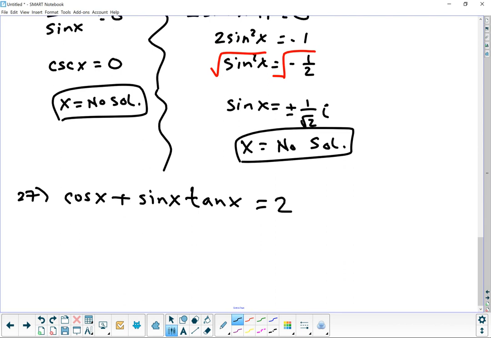All right, I'm not liking that equals 2. But with sine x tangent x, I'm thinking we could do the same thing. So we could write this as cosine x plus sine x over 1 times tangent, which is sine over cosine.